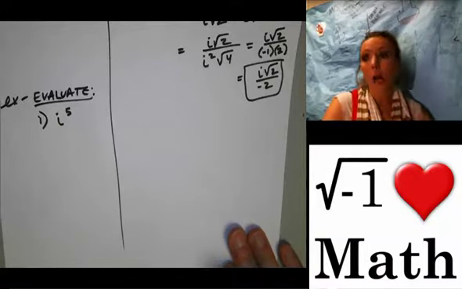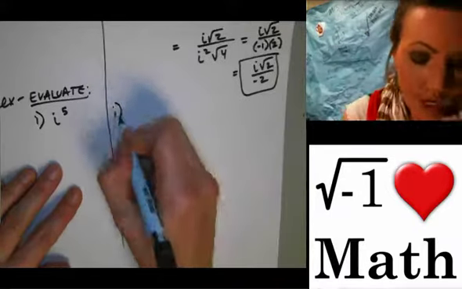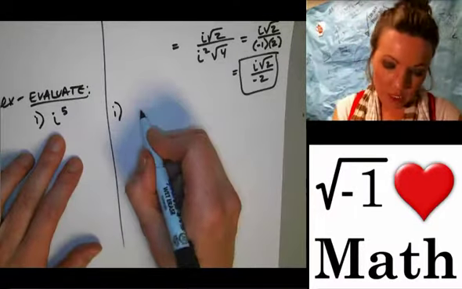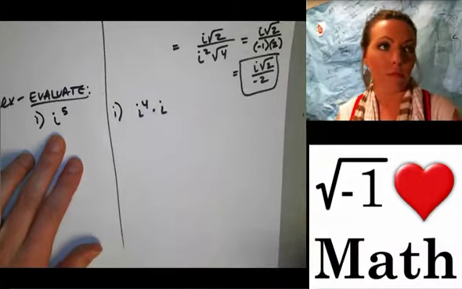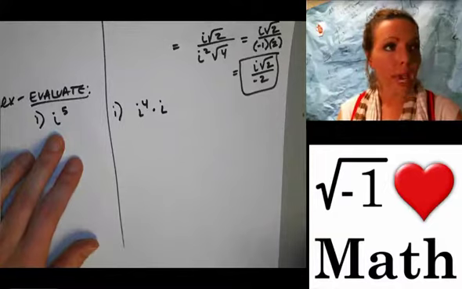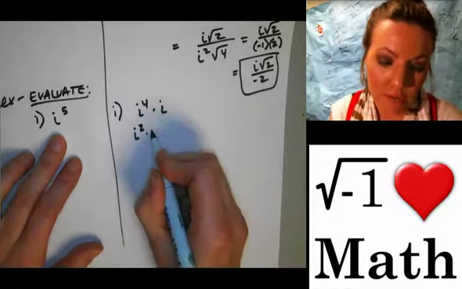So that's why I gave you all the whole I squared equals negative 1 thing. So how many people agree that I can rewrite I to the 5th as I to the 4th times I? Yeah? Okay.